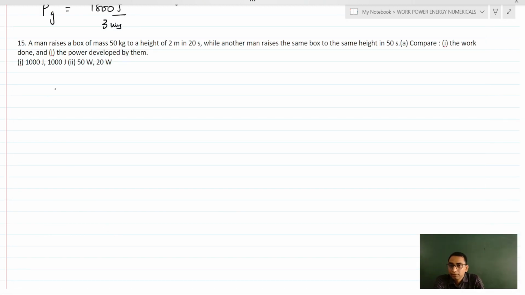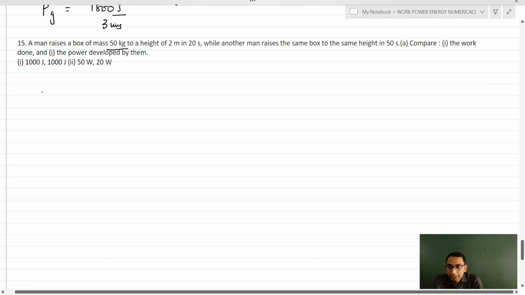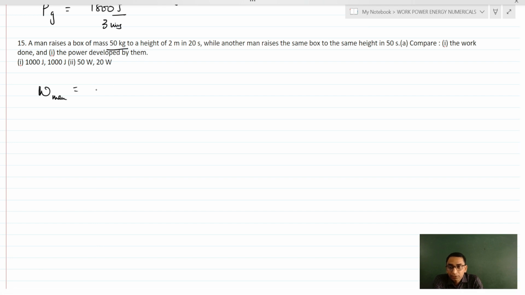Now in the last part, we are being said that the man raises the box of mass 50 kg. So this is the work done by the man. 500 Newton is the force applied against the weight, times the displacement, that is the height, so that is 2 meters. So the work done is 1000 joules, that is the work done by the man, correct?